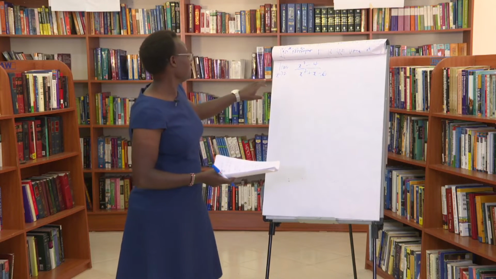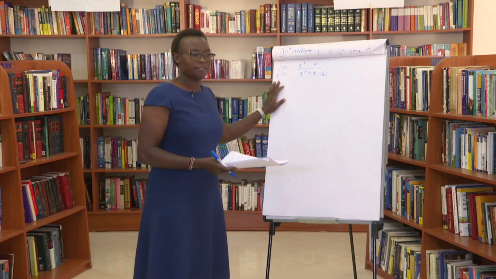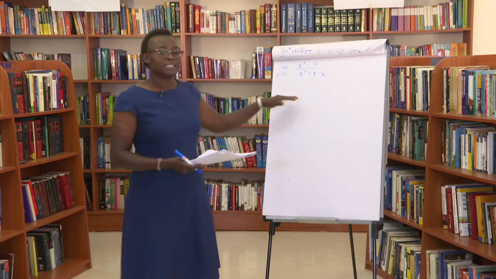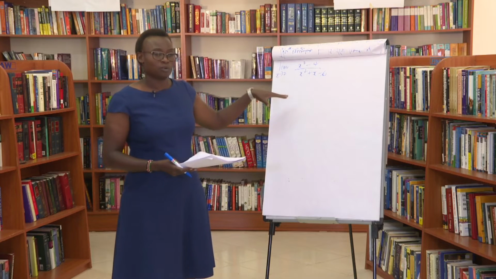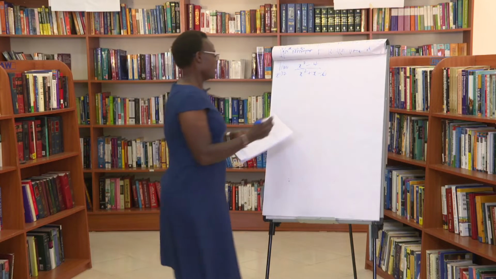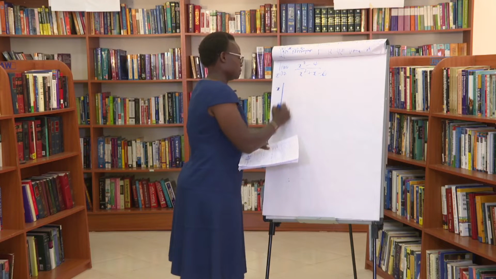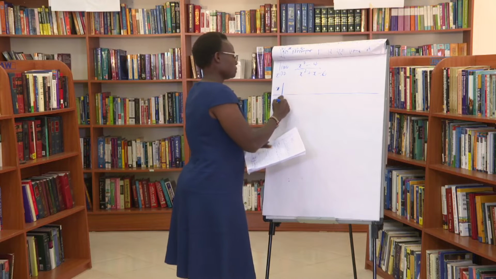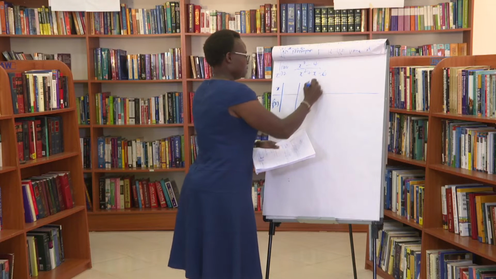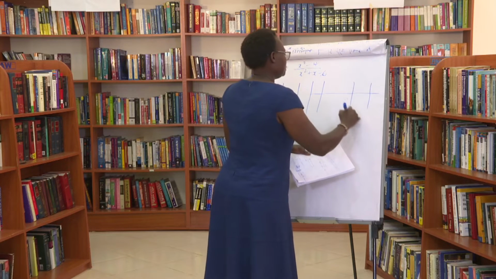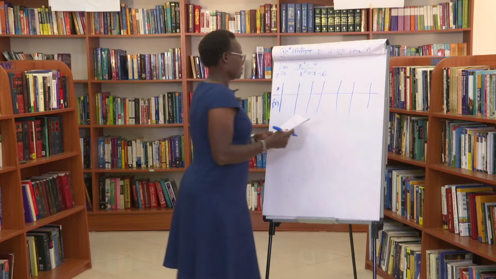I will pick values that are very close to 2 from both the left and the right, and then try to make a conclusion in terms of what is happening to f of x. So we pick x, we pick f of x. We can pick 3 or 4 values on this side, and the same on the other side.